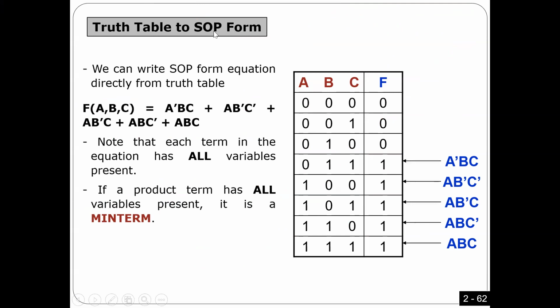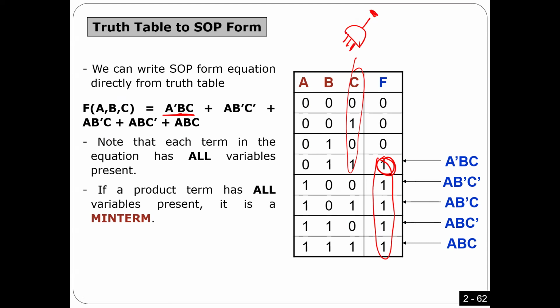If you want to put it in sum of product format, number one, you have to work on ones. This is number one. Okay. Number two, the number of terms you have should equal the number of ones. For every one, the way you have to write the AND gate is, I need the AND gate to give me 1. Okay, I just want you to remember this.